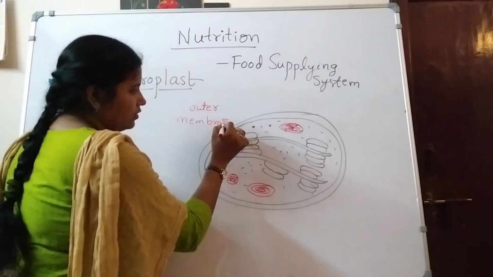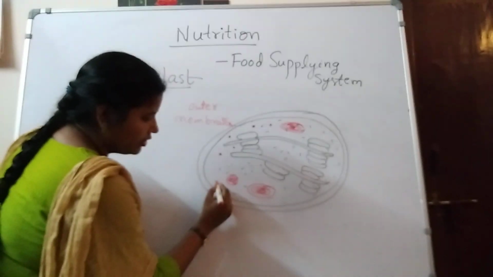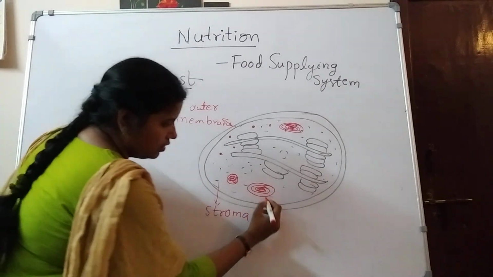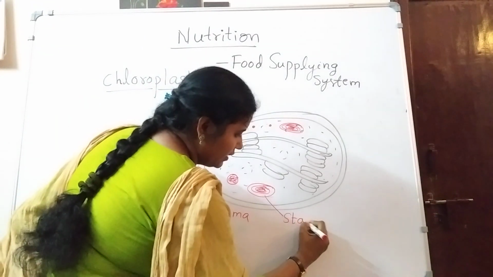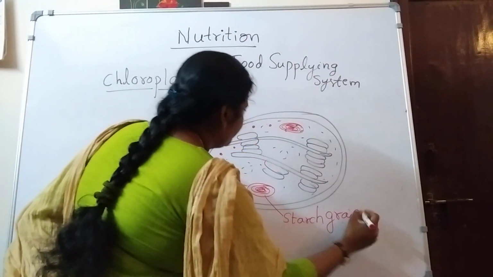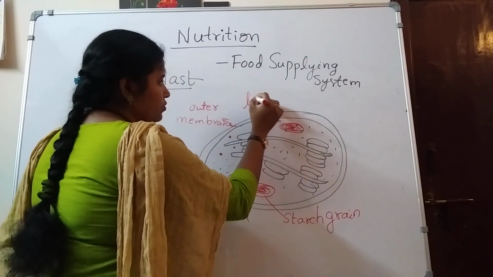Outer membrane, and the liquid portion, which I told you is the stroma, and this is a starch grain. And these are lipid globules.